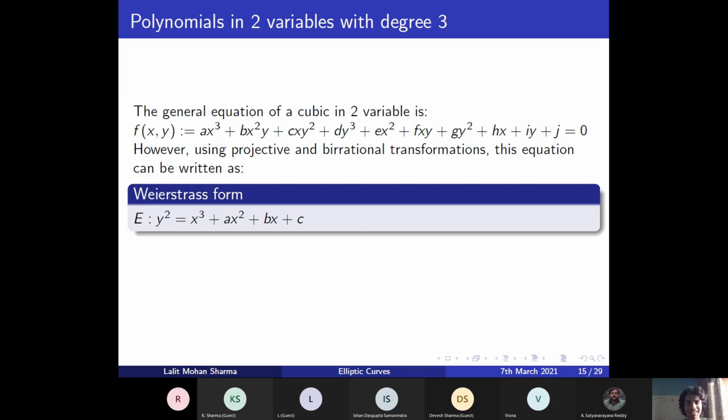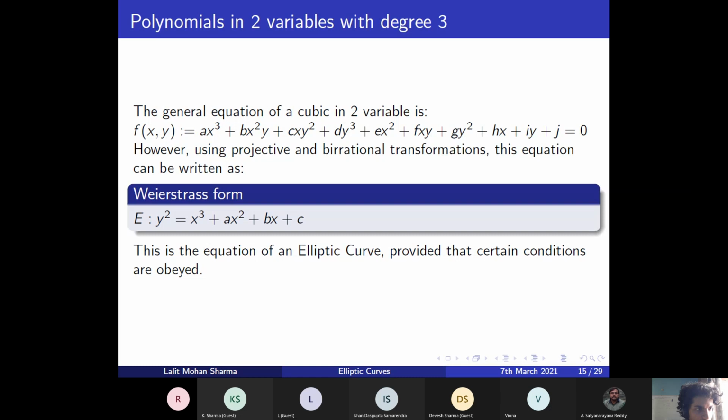But don't be fooled by the size. It's again very difficult to find rational solutions of this as well. This is called the Weierstrass form, and this is actually the equation of an elliptic curve, provided that certain conditions are obeyed. So if anyone has any questions.